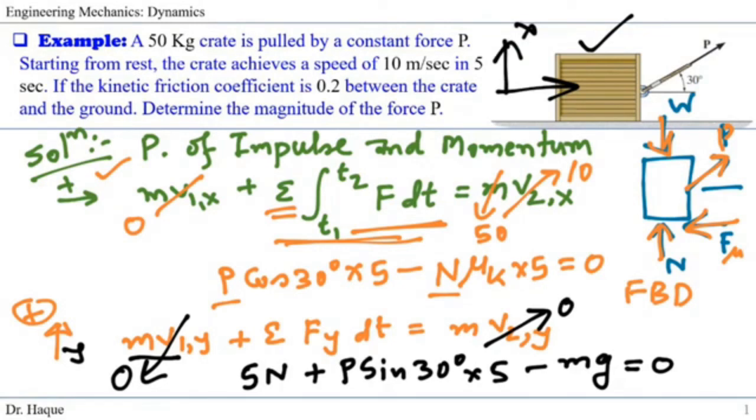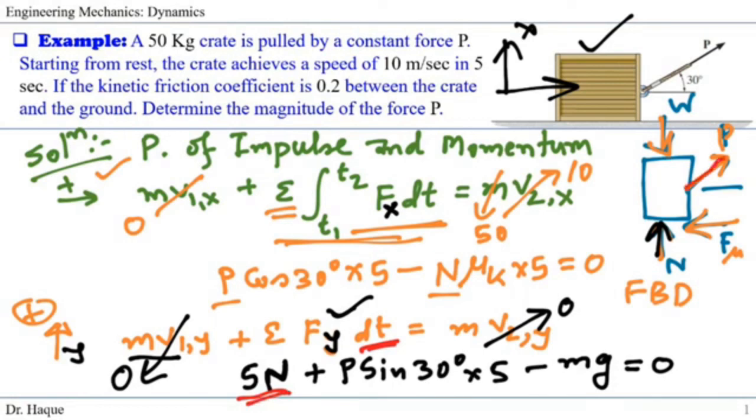So all we have to consider are the forces in the y direction. In the previous step, we considered all the forces in the x direction. Here we apply all the forces in the y direction. There is the normal force upward, N, and it acts again for 5 seconds, so it is 5N.